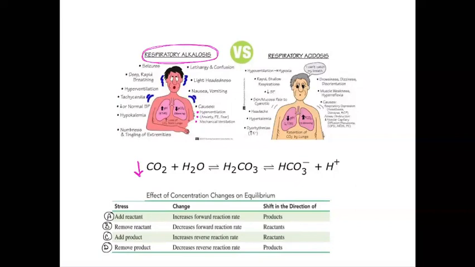So if we're removing reactant, in order to regain equilibrium, overall what's going to happen is that, as you can see, the shift of the reaction is going to be towards the reactant. What does that mean?